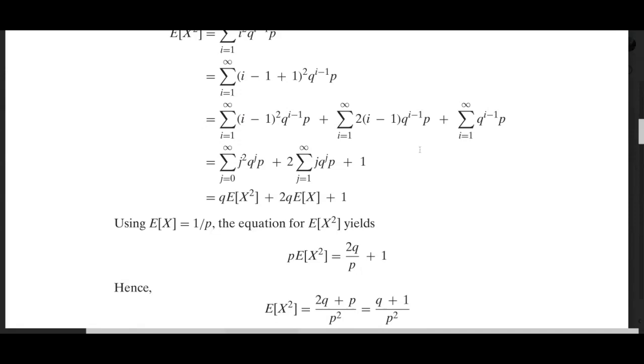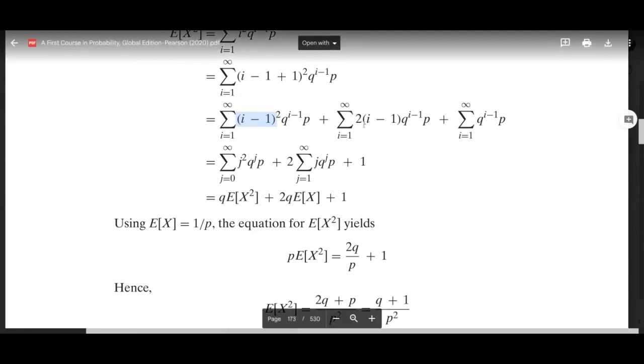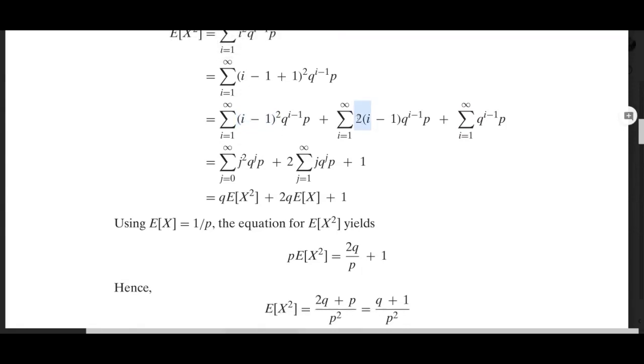Those calculations are interesting. So the last one, 1, is easy. And this one, if we expand it out, we have i squared minus 2i plus 1. So we have minus 2i, then here we have plus 2i, so that should go out.